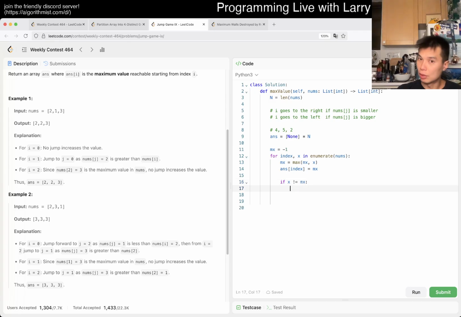Then if x is not equal to mx, we want to keep the smallest, right? So something like that. I guess this is fine too, really, right?